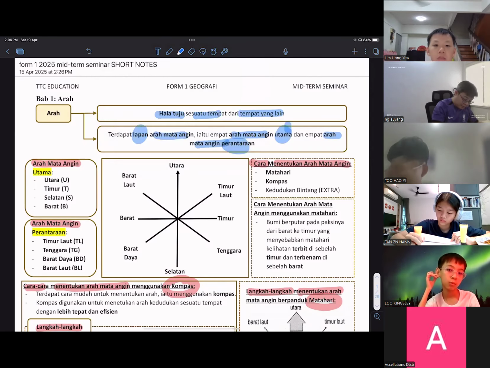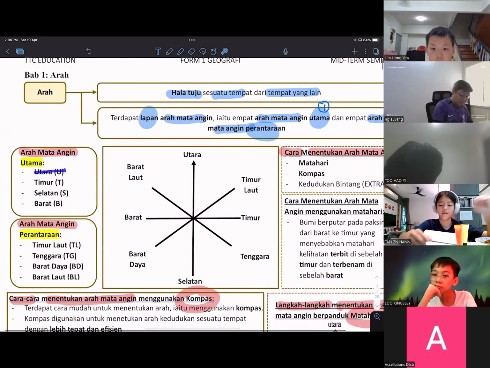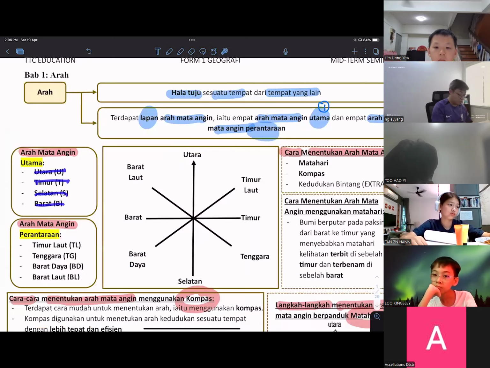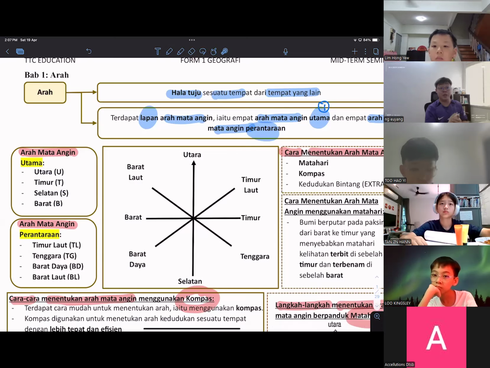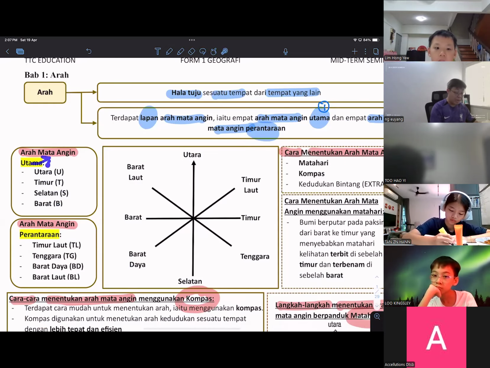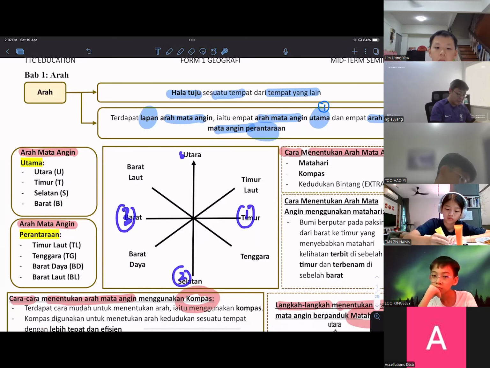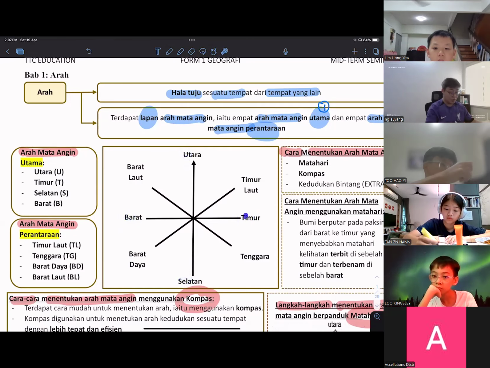The first category is referring to your north, east, south, and west, which is utara, timur, selatan, and barat. Usually, if you guys are good in Mandarin, the Chinese mention the 4 major arah mata angin utama as timur first, selatan, barat, and then utara later, which in Mandarin is Dong Nan Xi Bei.